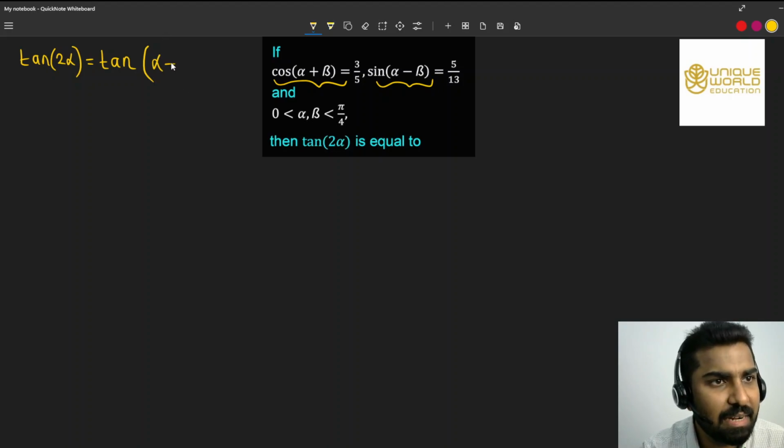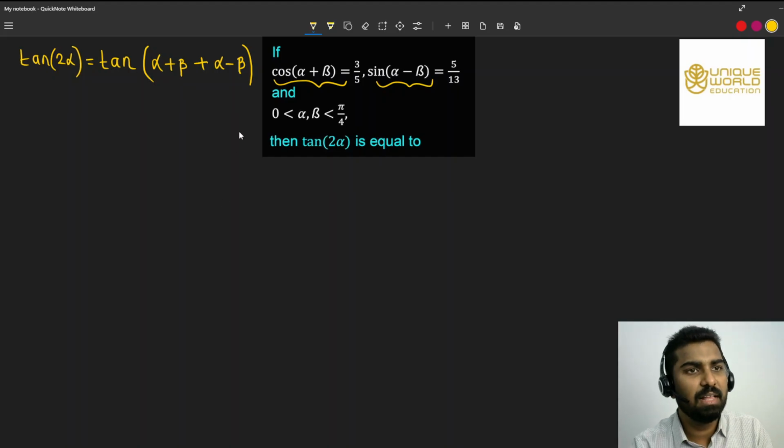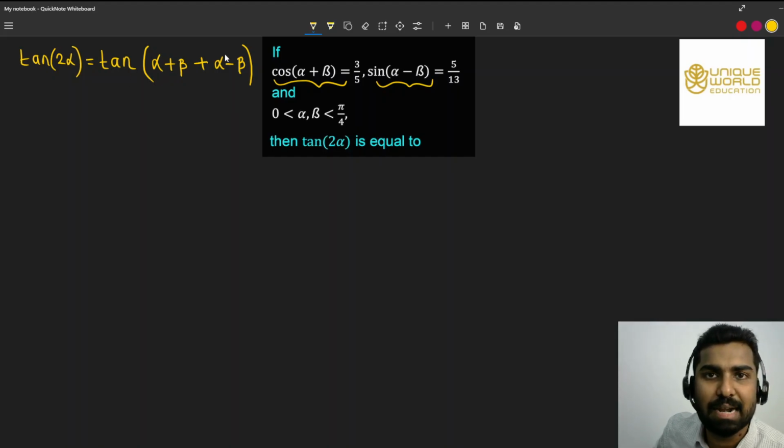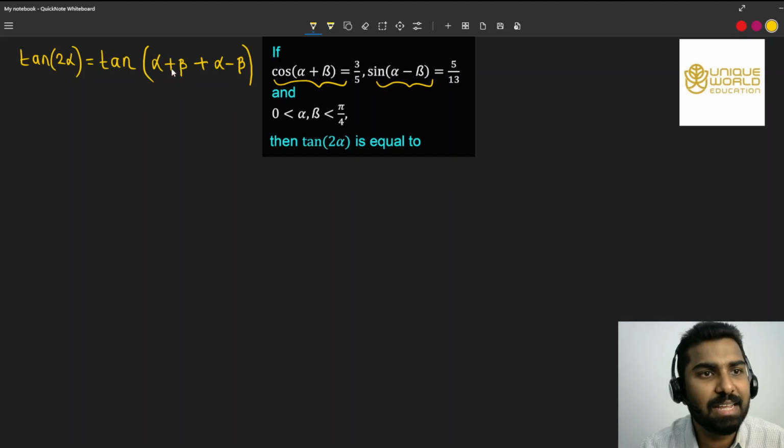So I can write tan of (alpha plus beta) plus (alpha minus beta). That's nice. If you write like this, plus beta and minus beta will cancel. So it will become tan of alpha plus alpha, tan 2 alpha. So basically this thing only I want to evaluate. There is no need of finding alpha and beta separately, because we are finding the expression in terms of alpha plus beta and alpha minus beta.